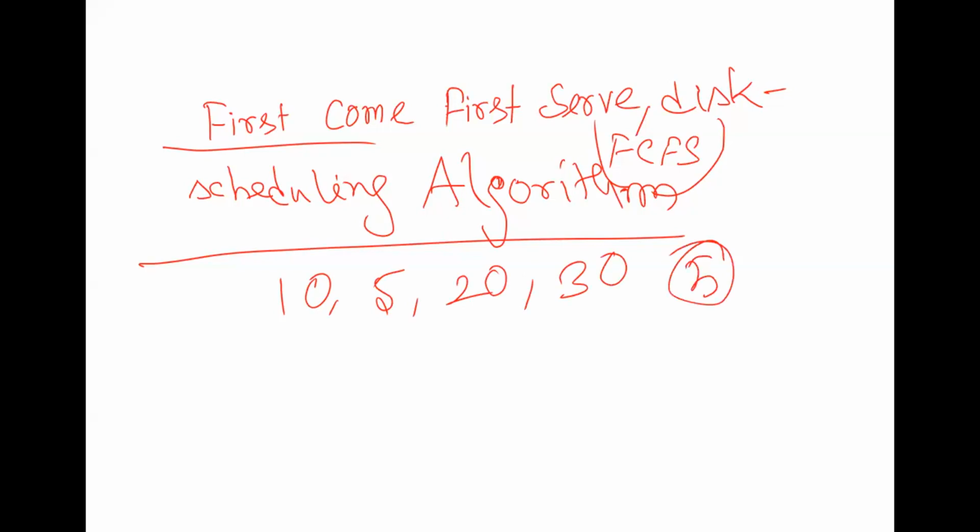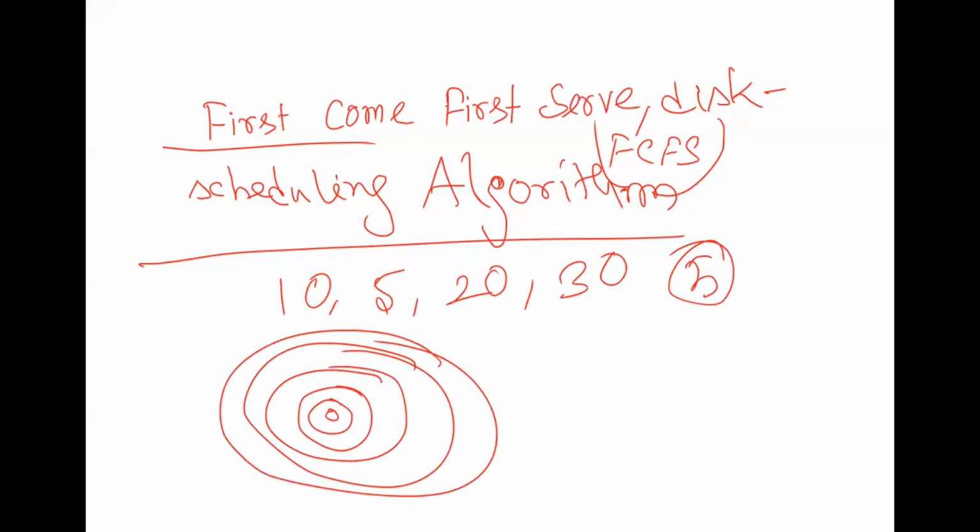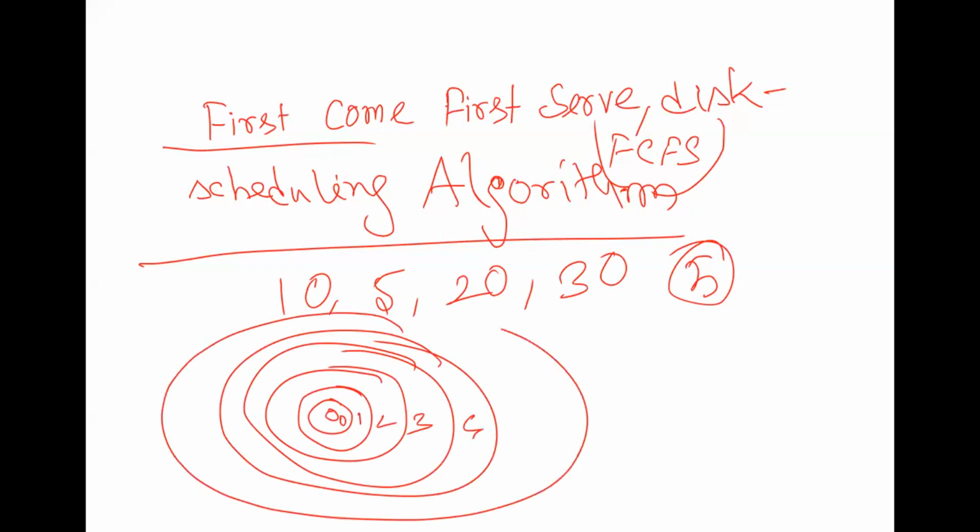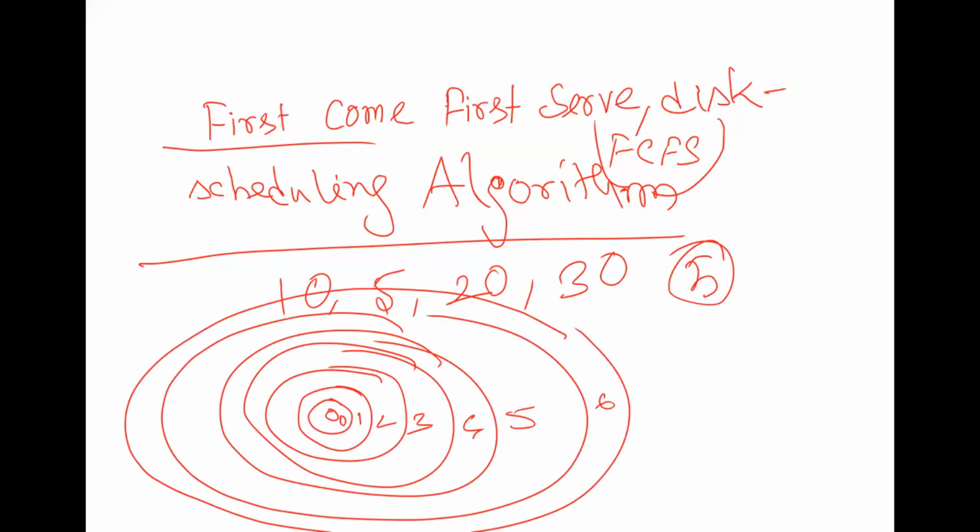If you consider this, this is 0, this is 1, this is 2, 3, 4, also 5, and so on. Okay, 6 is the next track, a different track. Initially the read-write head is here. This is the initial position of the read-write head.